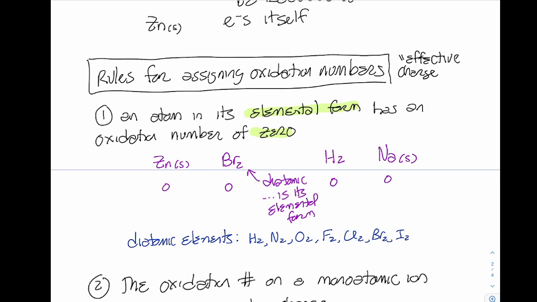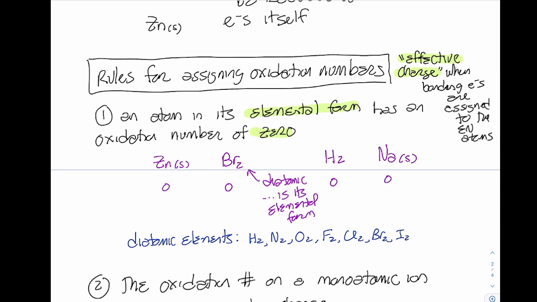So it's the effective charge when bonding electrons are assigned to the electronegative atoms. And I wouldn't even really worry so much about this last part. I would just think effective charge. Kind of, if it had a charge, what would its charge be? Even though it's not charged.